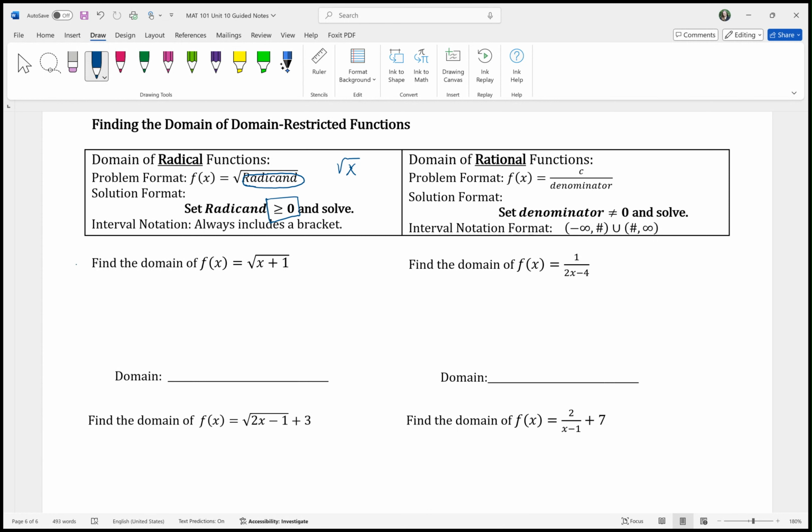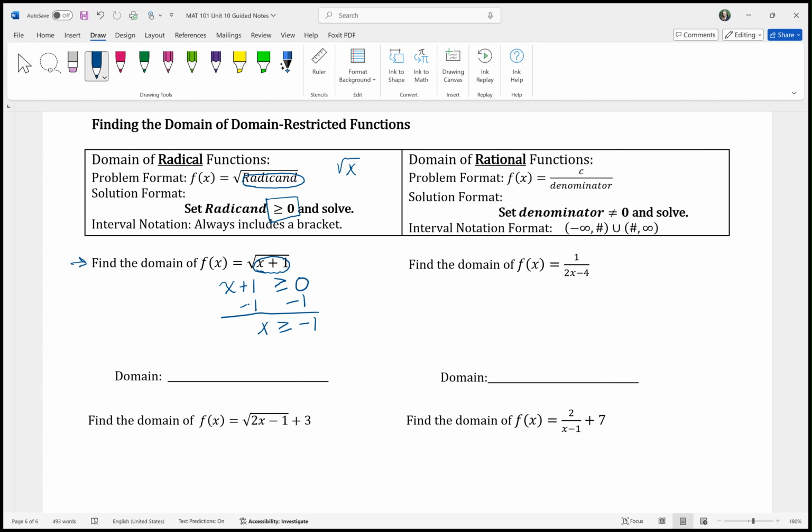So let's look at this example right here. Find the domain of f of x equals square root of x plus 1. We want to look at the x plus 1, that's our radicand, and we're going to take that x plus 1 and set it greater than or equal to 0 and solve that. So by doing that, we're subtracting 1, and that's going to give us x is greater than or equal to -1.